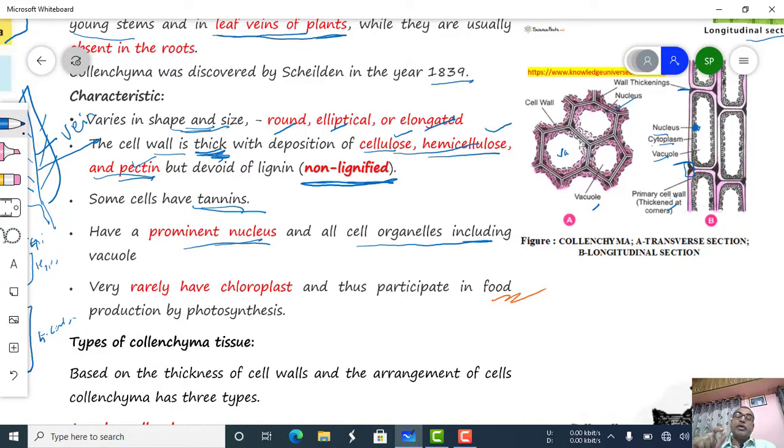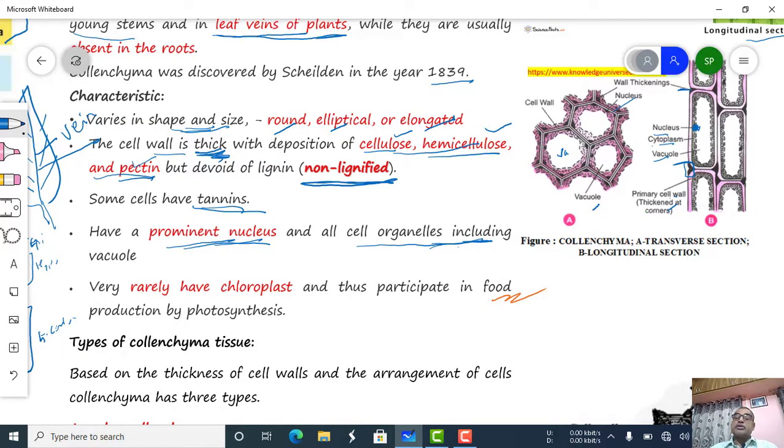They contain living protoplasm. They have a nucleus, and along with the nucleus, all the membrane-bound cell organelles are present within the cytoplasm.